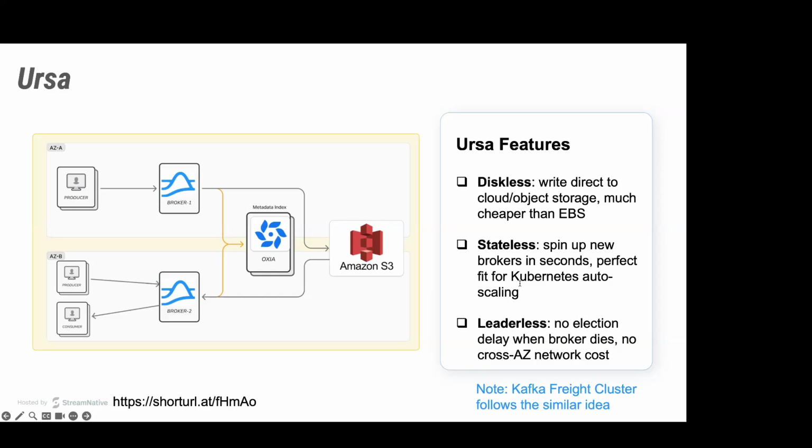Despite these trade-offs, I think Ursa is still a very promising streaming solution on the cloud compared with traditional Kafka and Pulsar, when users are very sensitive to the total cost of ownership. Note that Kafka recently released the Freight cluster, which follows the same idea as Ursa to use the object storage to reduce the cross-AZ network fee.